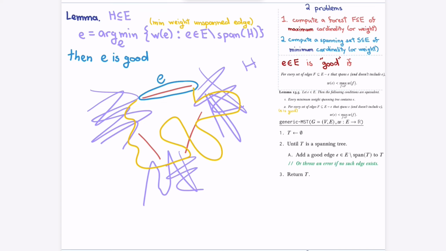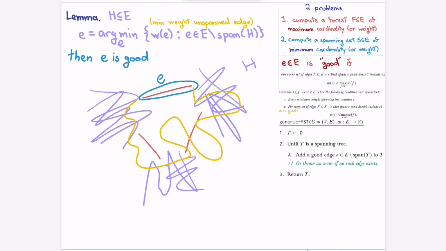If I can argue that yellow contains at least one unspanned edge, then we would be okay, because that unspanned edge must have weight greater than E. Which is to say, if I can argue that H doesn't span all of F, then there's some edge in F that's not spanned.